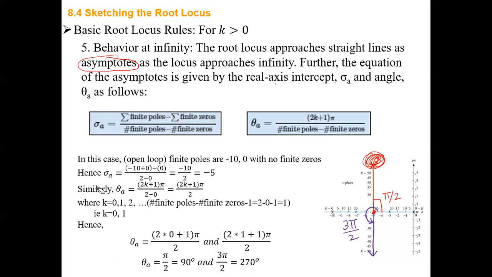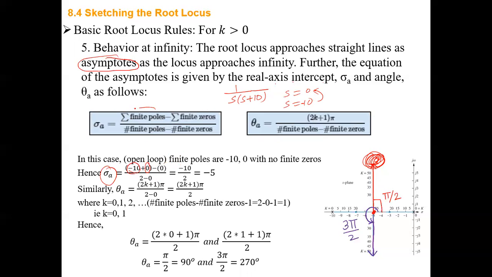Let's do that. So sigma a equals, how many finite poles are here in our case? 1 over s times s plus 10, so the finite poles are s equals 0 and s equals -10. So you have to add both of them: -10 and 0.